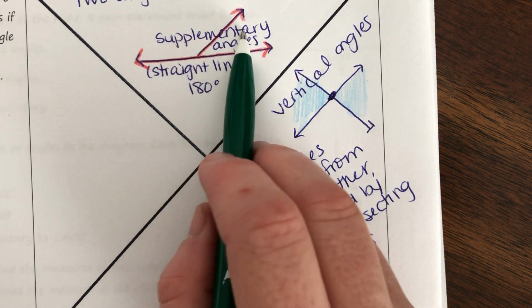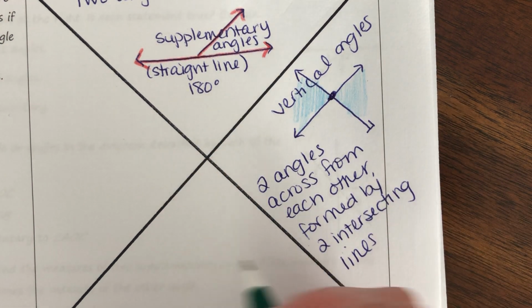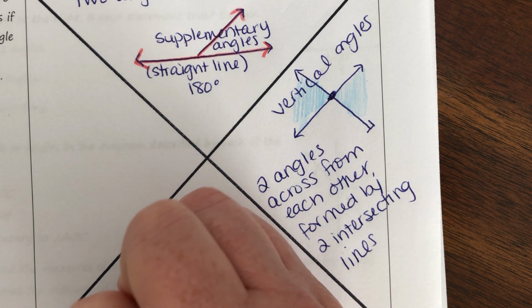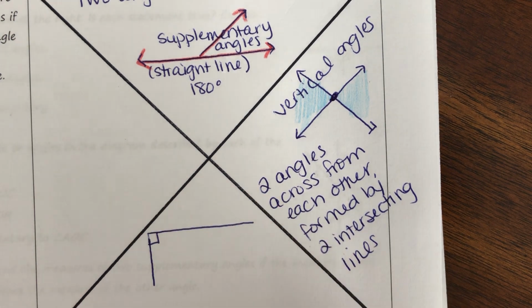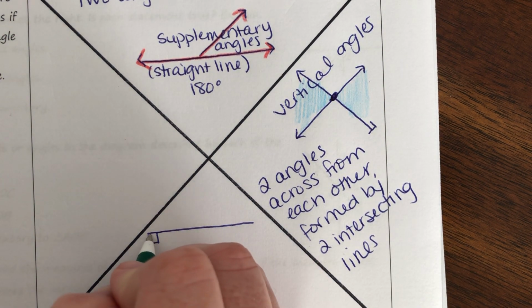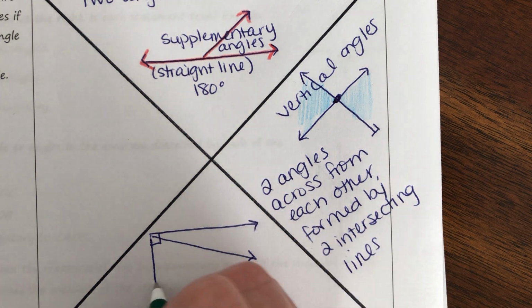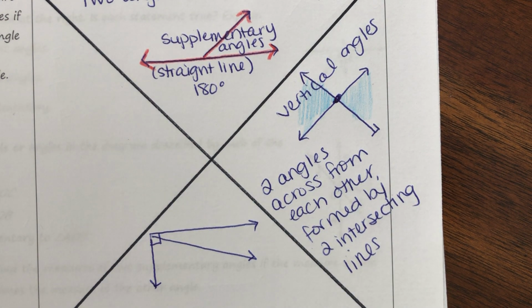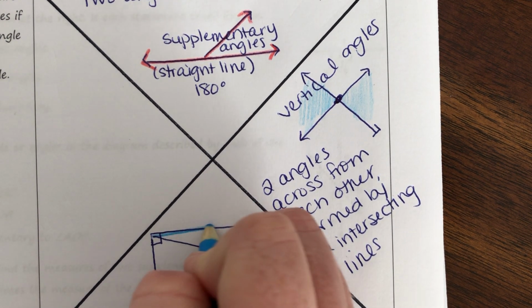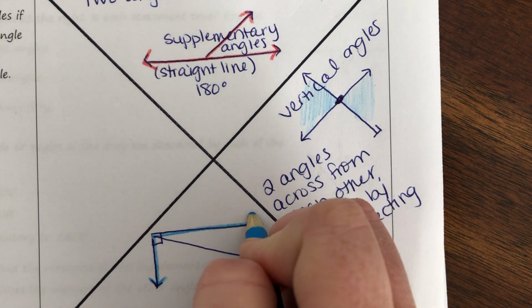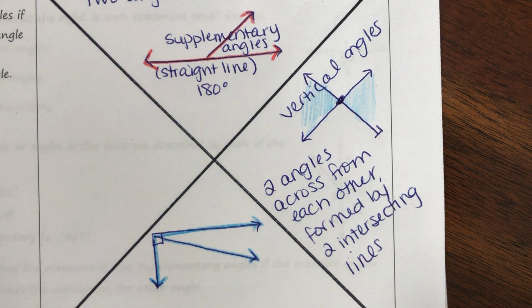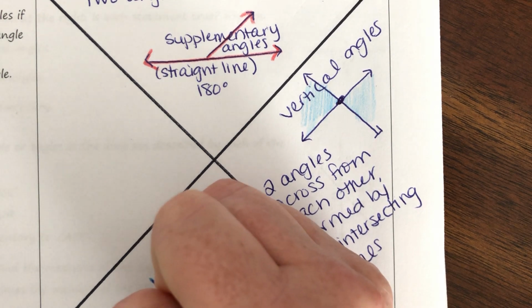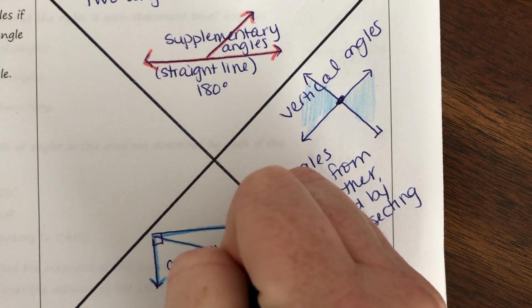So supplementary is two angles that add up to a straight line. Complementary angles are angles that add up to one big 90-degree angle. Okay, so I could have that and like this. And let's say this guy is blue. So I've got my two angles and they both add up to 90 degrees, so they are complementary.